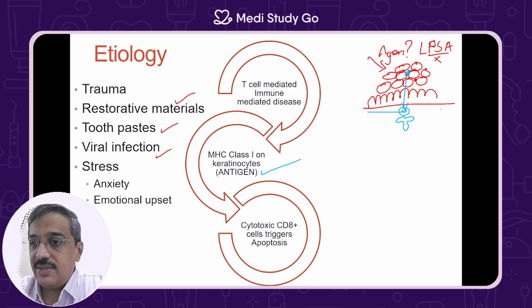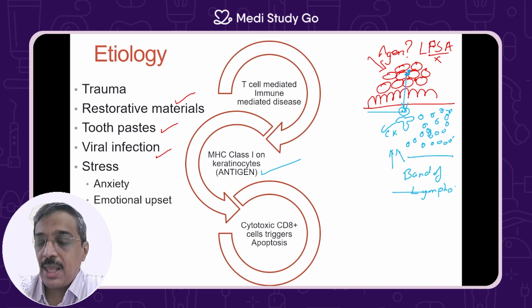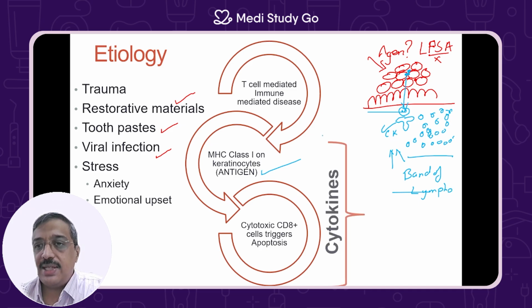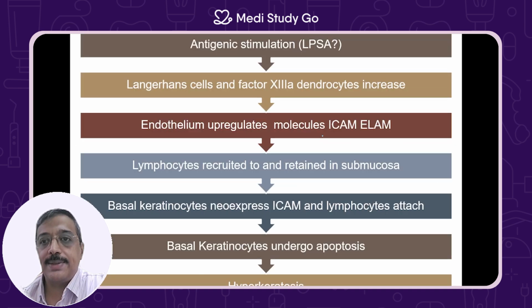And these T cells will further produce cytokines, and this will attract more and more inflammatory cells. So you will see that the connective tissue is filled up with a lot of these inflammatory cells, and hence one of the histological features is a band of lymphocytes. And this band of lymphocytes is a characteristic feature of Lichen Planus.